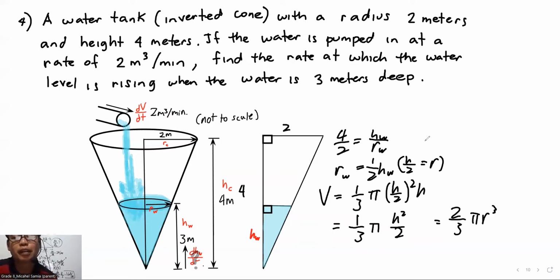One over 12. Pi. Sino po may pi? Okay. Pi over 12.